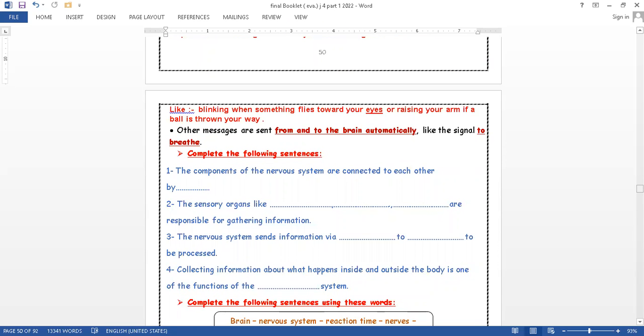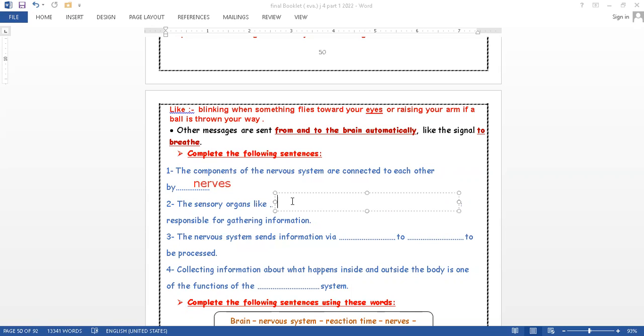Let's solve that. Complete the following sentence. The components of the nervous system are connected to each other by nerves. Number two, the sensory organs like dots and dots.